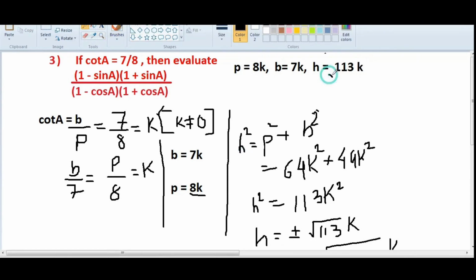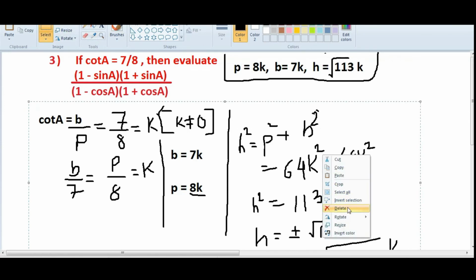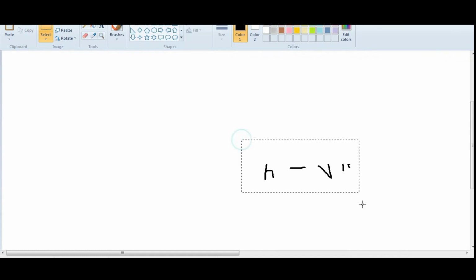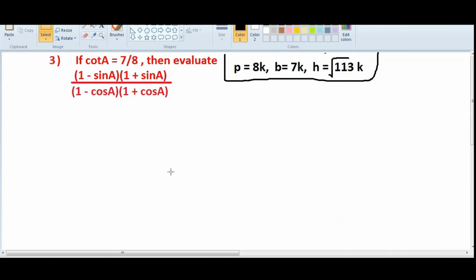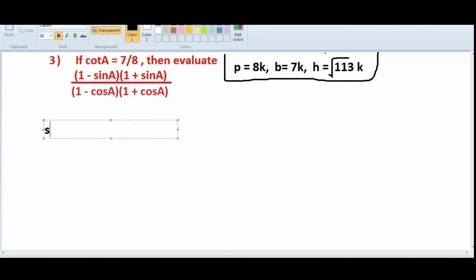I have got these values and we need only these values to continue our further evaluations, and I am erasing this portion to continue my further calculation. So now we have to individually find the value of sin a and cos a first to find the entire value of this expression.